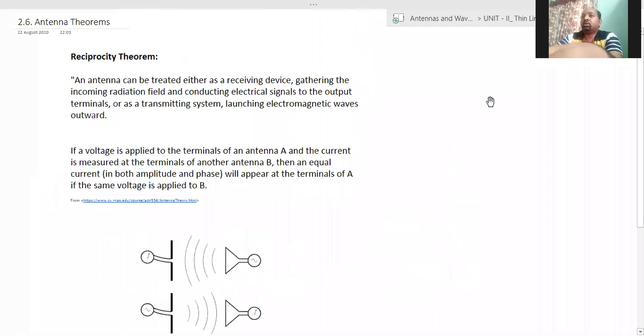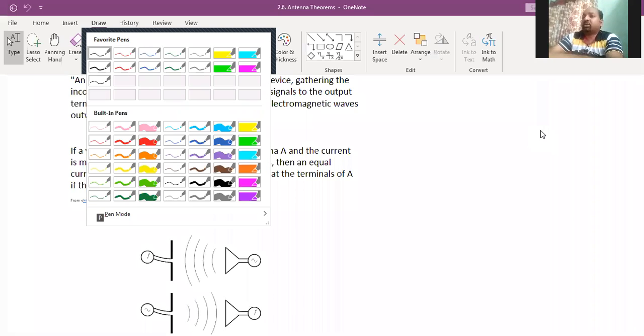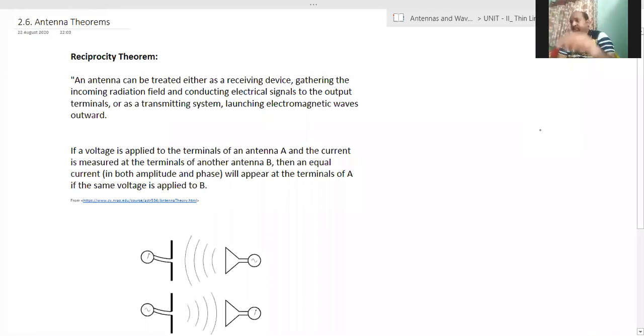The next topic is very important. So, antenna theorems. Let us discuss some antenna theorems which you have already discussed and you know. One important antenna theorem is the reciprocity theorem.